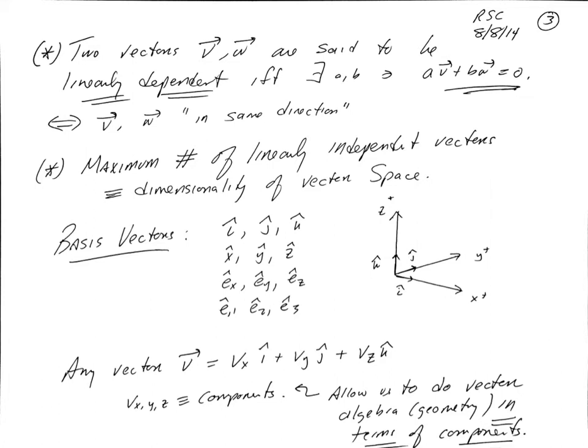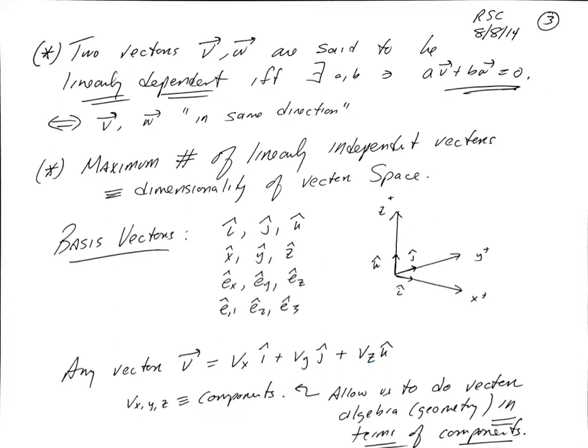We will normally be able to express, therefore, any vector, say velocity, in 3 dimensions in terms of some component vx times i plus vy times j plus vz times k. So again, this is a vector in the space spanned by i, j, and k. And these coefficients, whose linear combination with the basis vectors gives us the vector itself, are called the components.